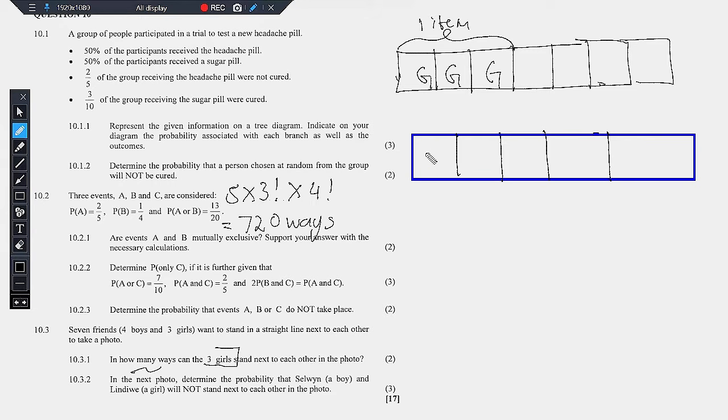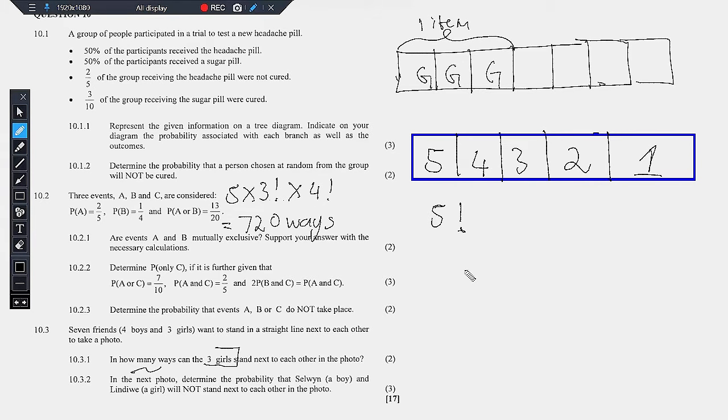So 5 standing positions. Now, if a person has to come randomly here and place them in any positions, that means the first one will have 5 options, the second one 4 options, the third one 3 options, the fourth one 2 options, and the last one only 1 option, right? So that means we can arrange all the learners in 5 factorial ways.